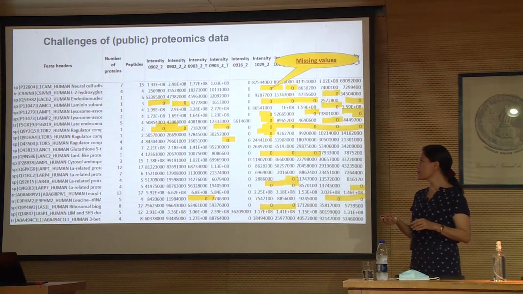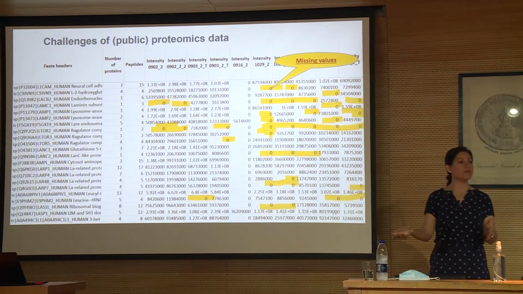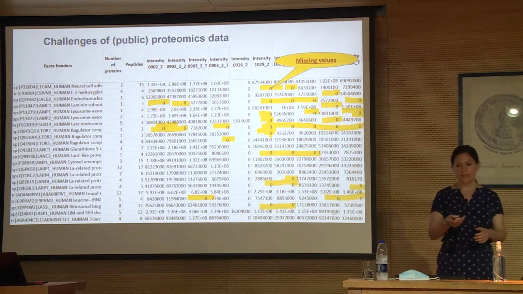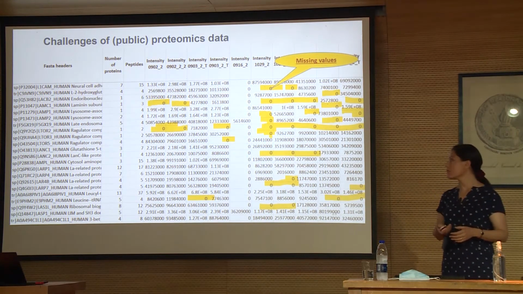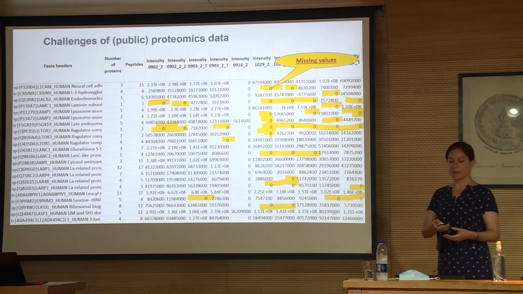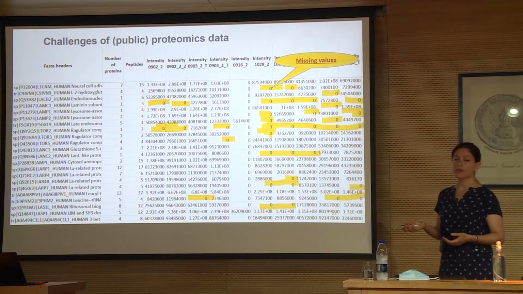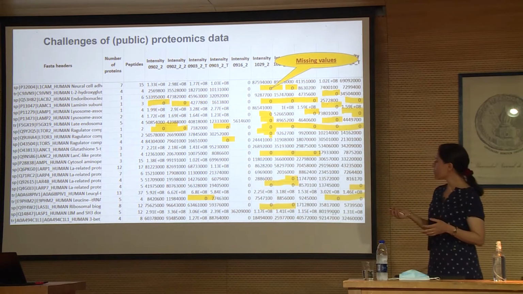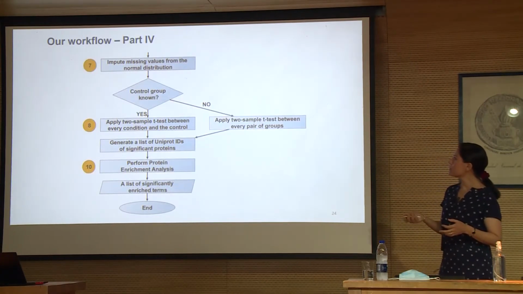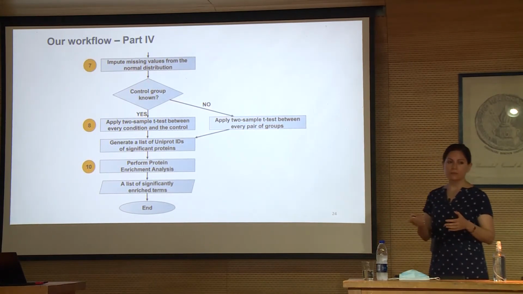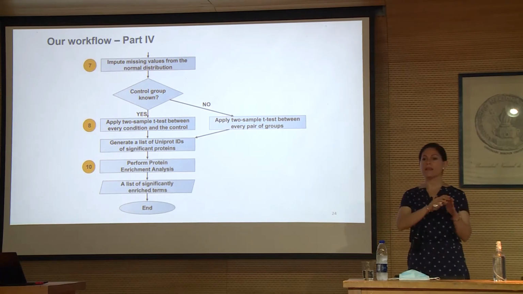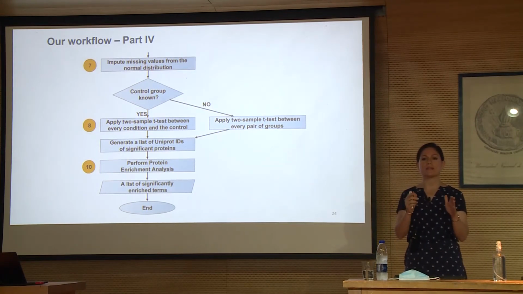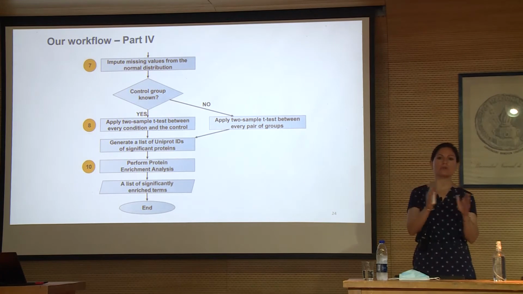But still, after you filter that, you will still have many missing values, as happens with proteomics data. And for this, we also do an imputation. We impute these values with another normal distribution that is shrunk and downshifted.